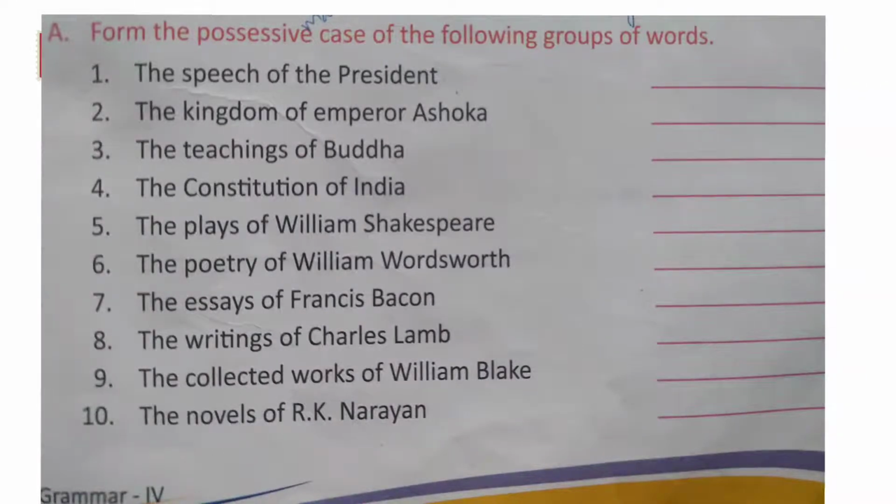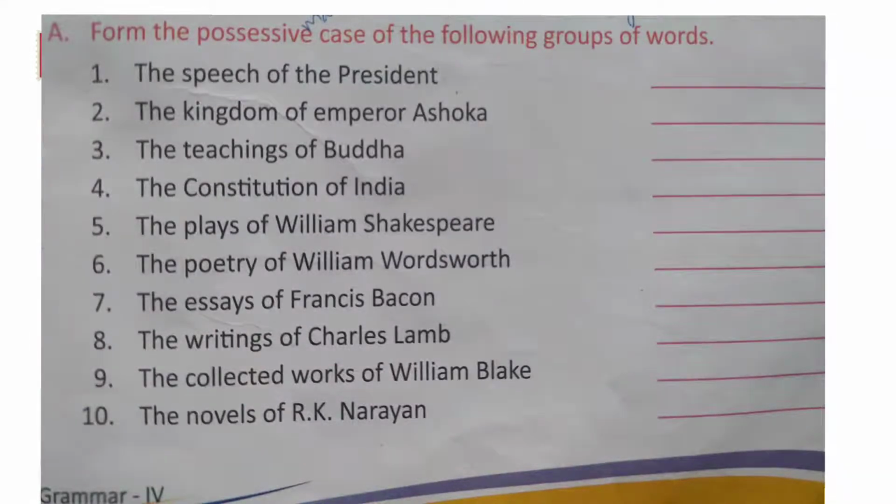The plays of William Shakespeare. Plays belong to William Shakespeare. So William Shakespeare's plays, apostrophe s. The poetry of William Wordsworth. Here also we'll use apostrophe s. William Wordsworth's poetry, because poetry belongs to William Wordsworth. The essays of Francis Bacon. The essays belong to Francis Bacon. So Francis Bacon's essays.